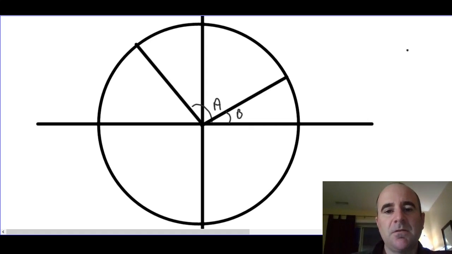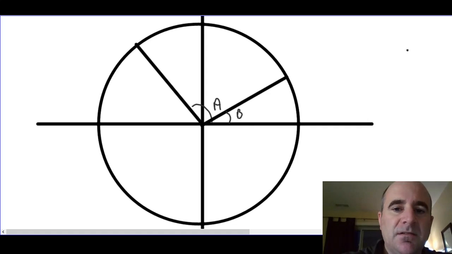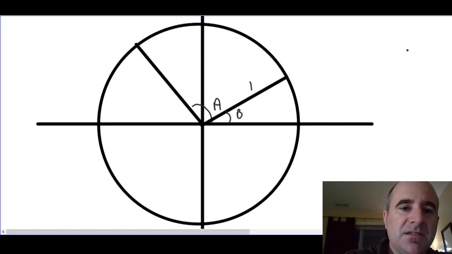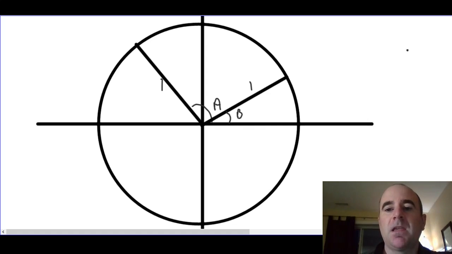Now, two very important things about these angles. Since this is a unit circle, the radius of the circle is 1. This has a length of 1, and so does this right here. Now, remember that points on the unit circle give you the cosine and the sine of the angle they correspond to.